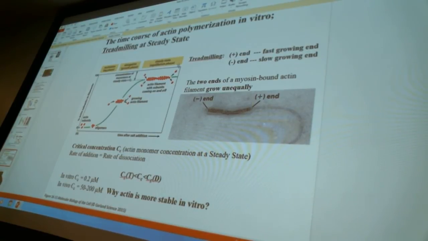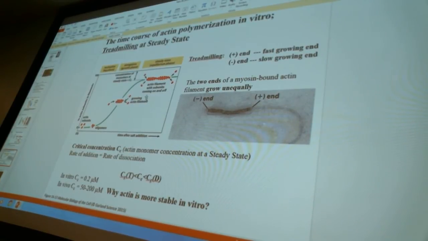So this is the so-called steady equilibrium phase. And the concentration of the actin monomers that is reached at the steady state is called critical concentration, or Cc. So at this point, the rate of addition and the loss is not changed.